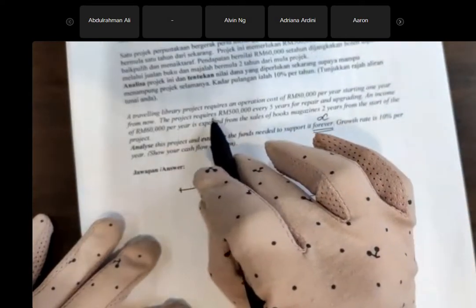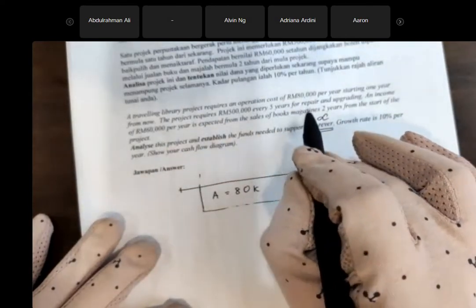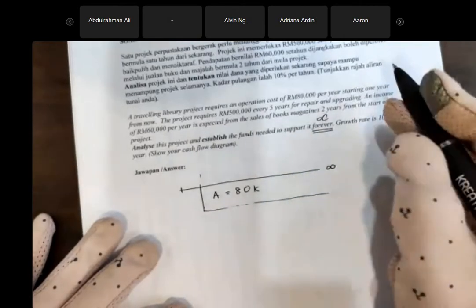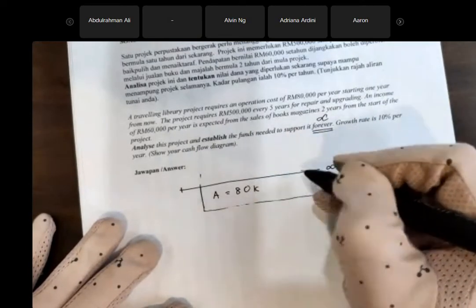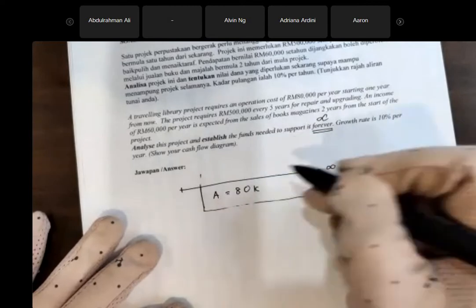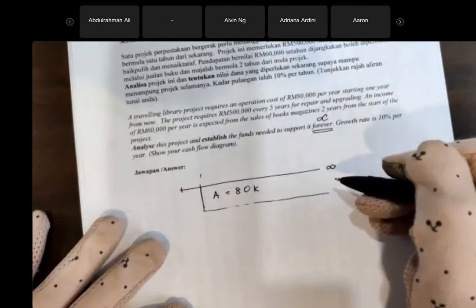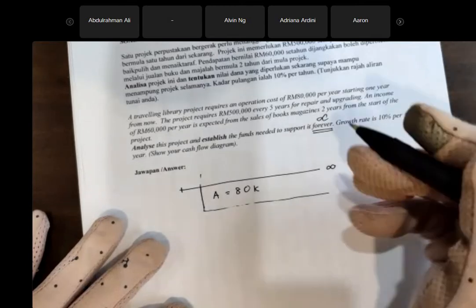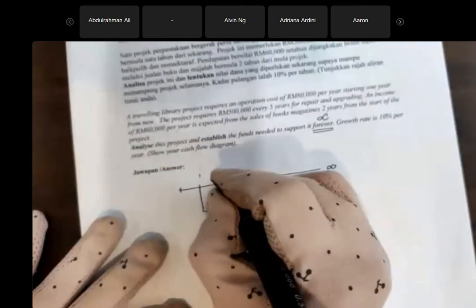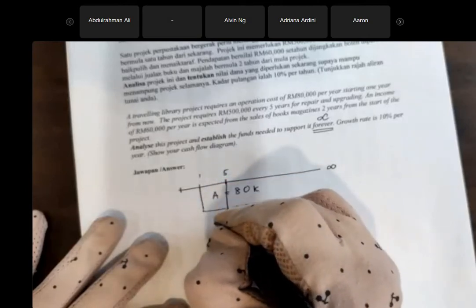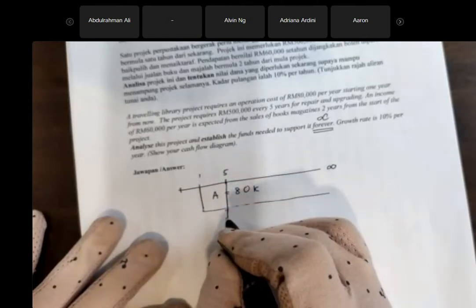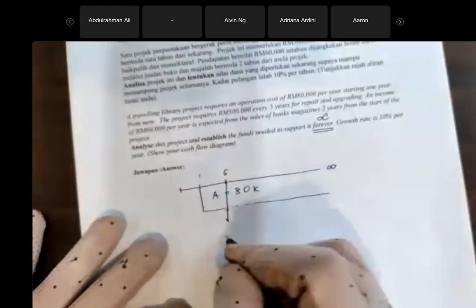The project requires 500,000 every 5 years for repair and upgrading. So how do you want to draw the diagram here? Start with 5, then you have 1. Okay, extend it.